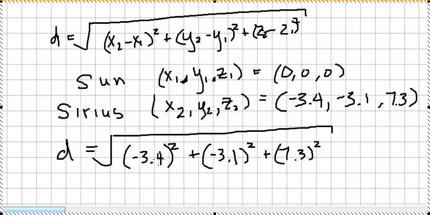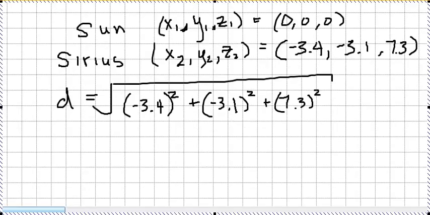You simply plug all of these into your calculators. Negative 3.4 squared is going to be positive, negative 3.1 squared is going to be positive, and 7.3 squared is going to be positive.